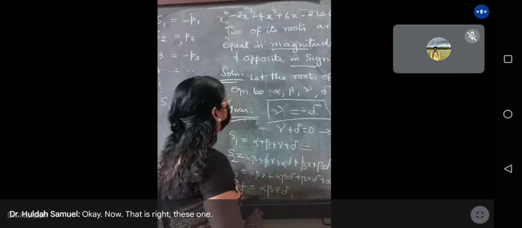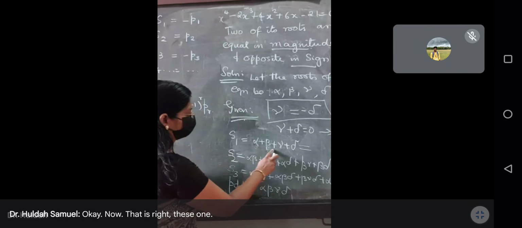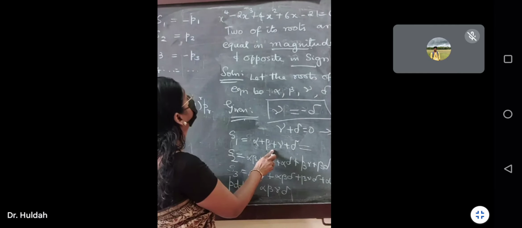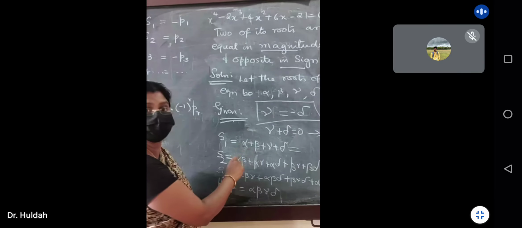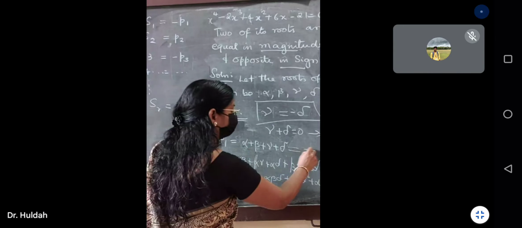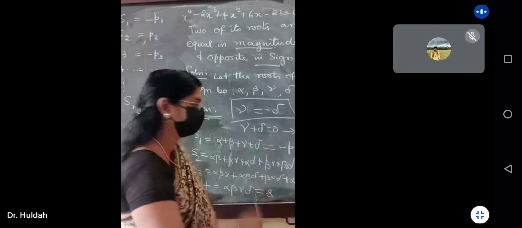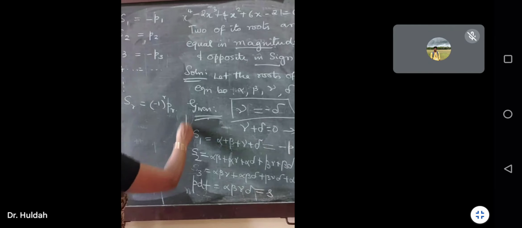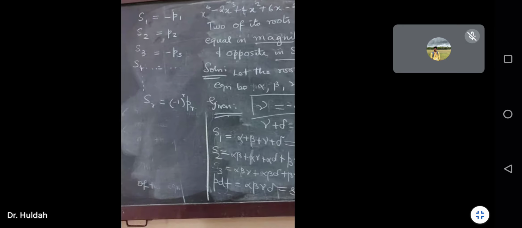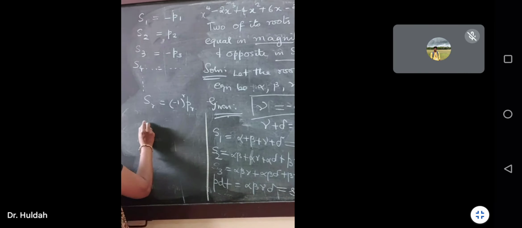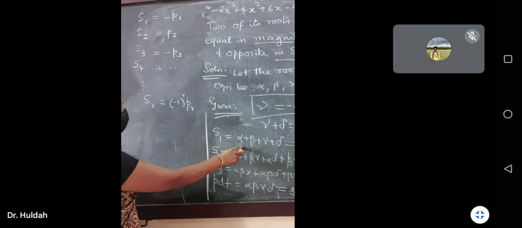This is equal to, from the given equation, minus P, Q, minus R. Yes, in general, that is right. What I'm getting, I'll be getting just one.